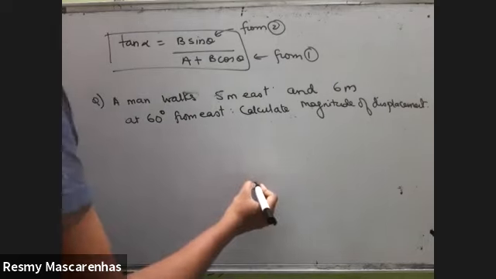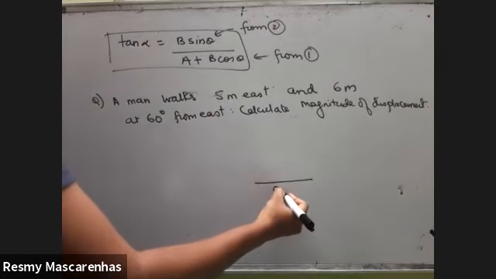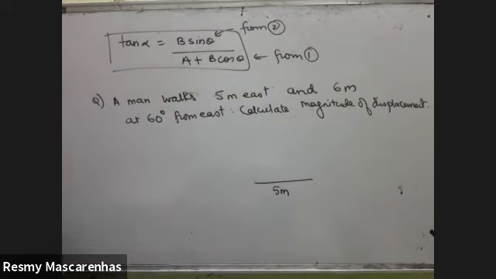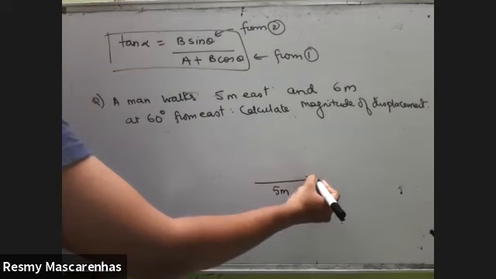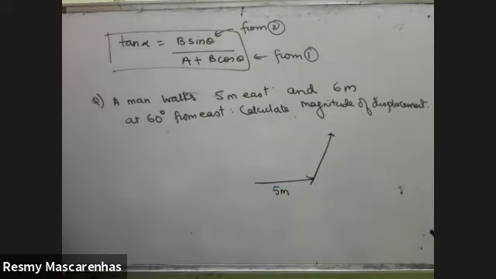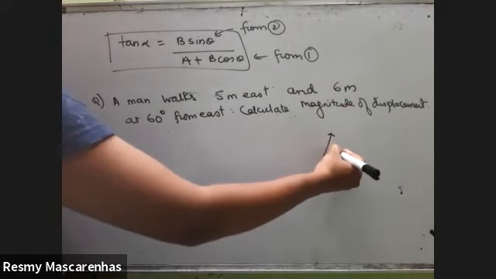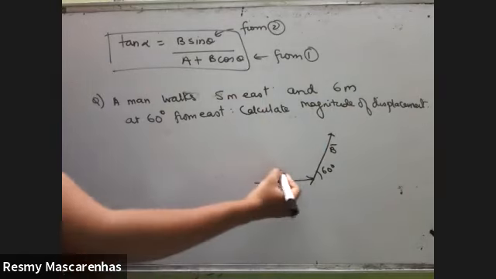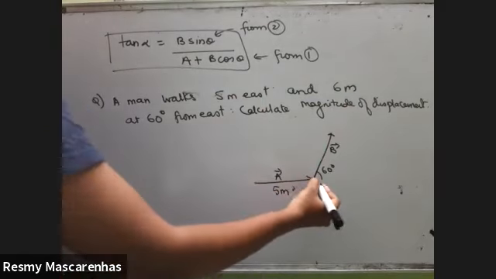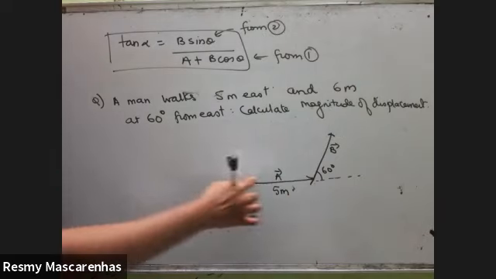Now what it means is, a man is going 5 meters here, and then from here he's going towards east, and then from east he takes a 60-degree angle. We can name it as B. This will be A. Now we have to calculate what this resultant is.